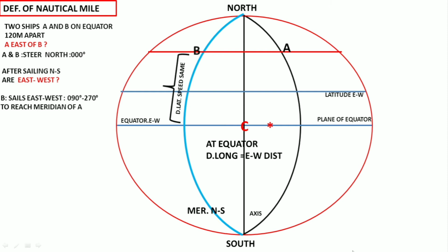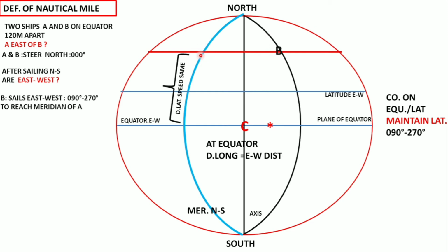Now, if I sail B along the latitude, come to the meridian of A, that means she has sailed along a latitude on a course of 090, or 270. In this case, of course, 090 because she has gone east. Now, what has happened?